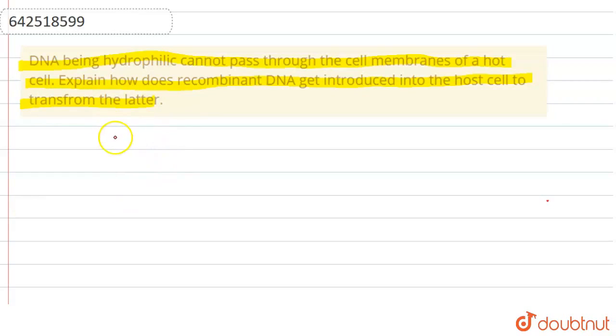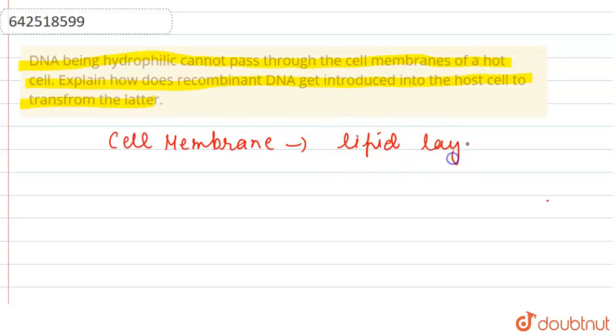If we talk about the cell membrane, it is the outer covering of the cell, and it has a lipid layer which regulates the movement of molecules in and out of the cell.